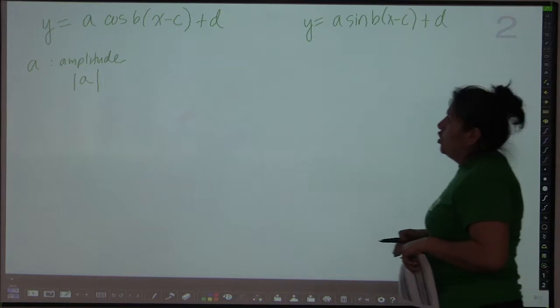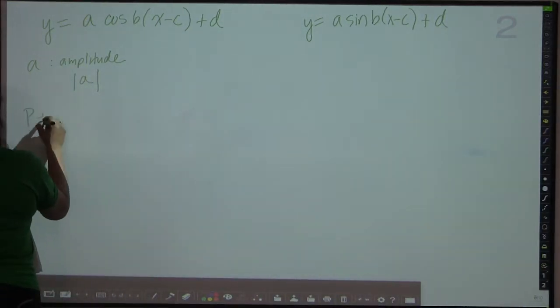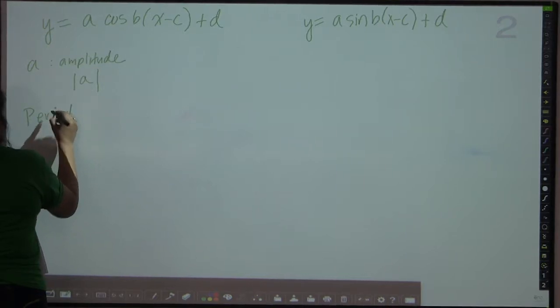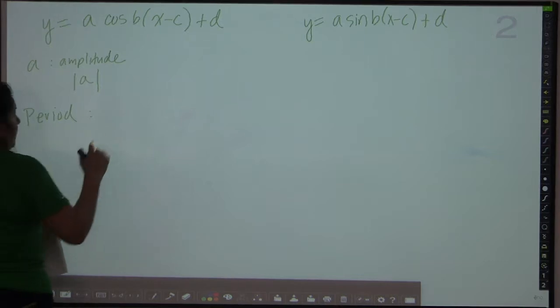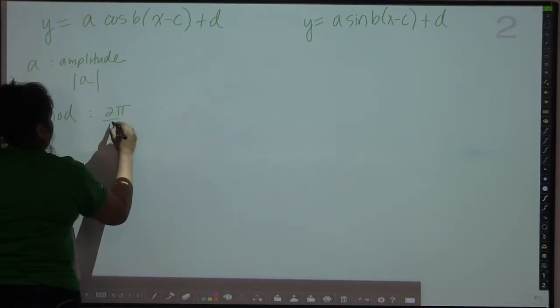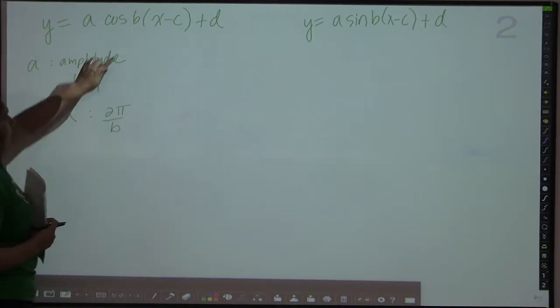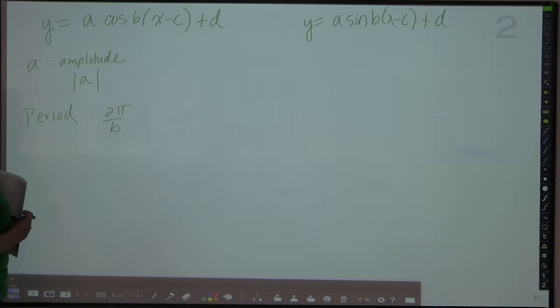So over here, we want to talk about the period. So the period, there's a formula for it. Because the parent graph period is 2 pi, the period is going to be determined in these scenarios by 2 pi divided by b. So that's what that b value is doing there. That's going to help us figure out the period.